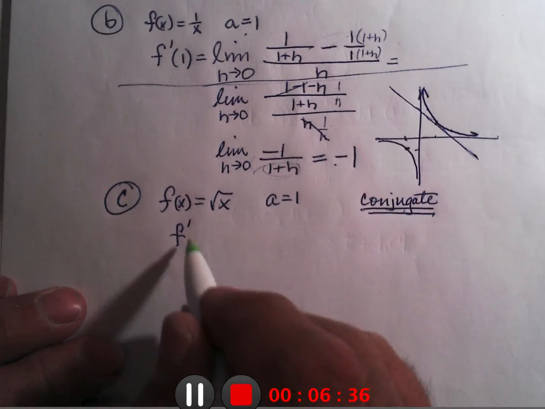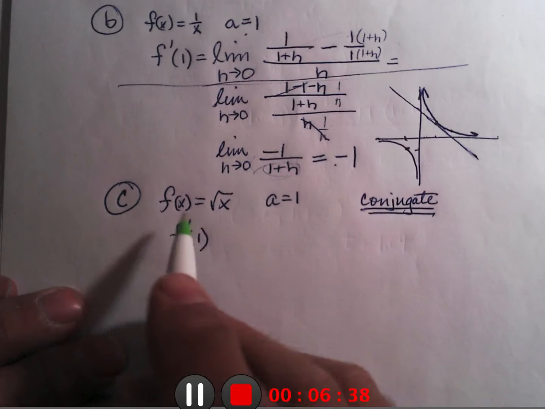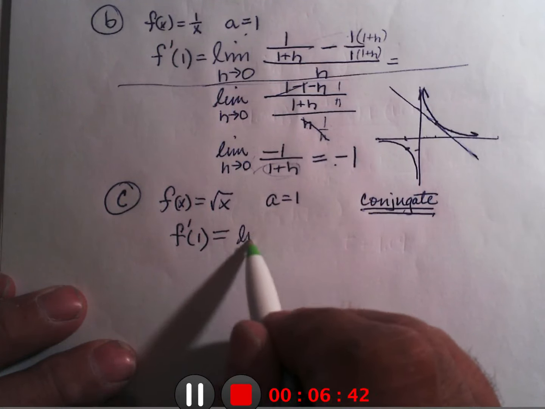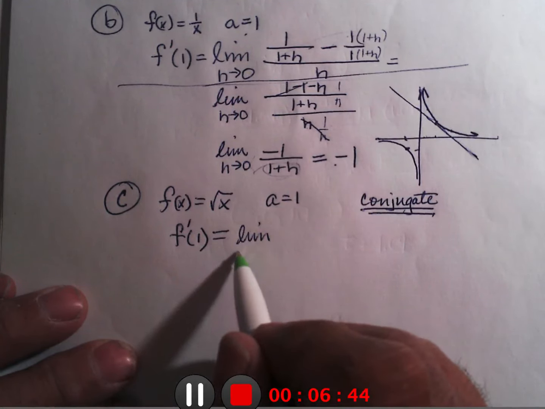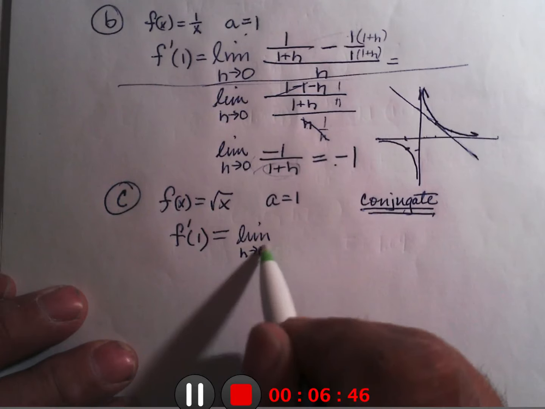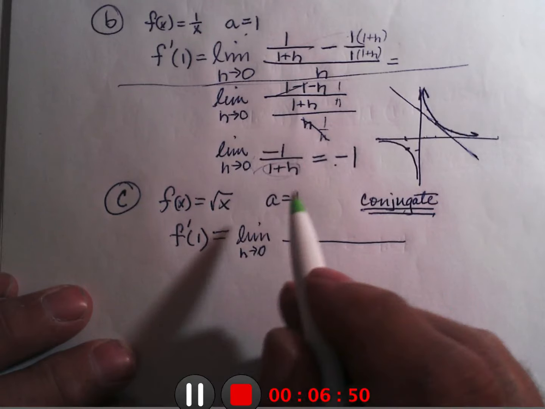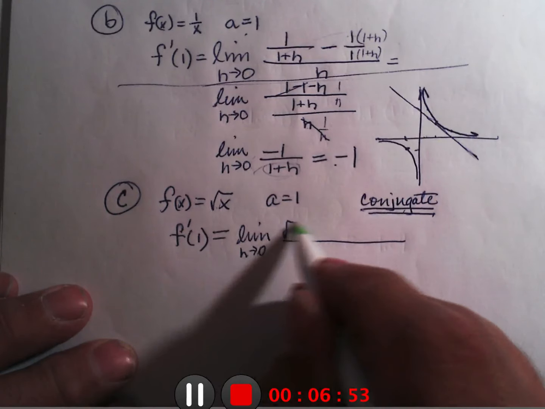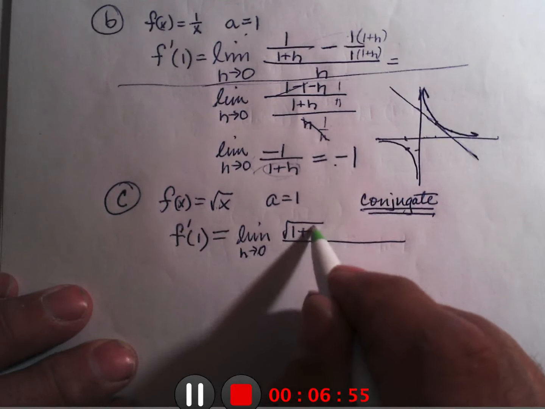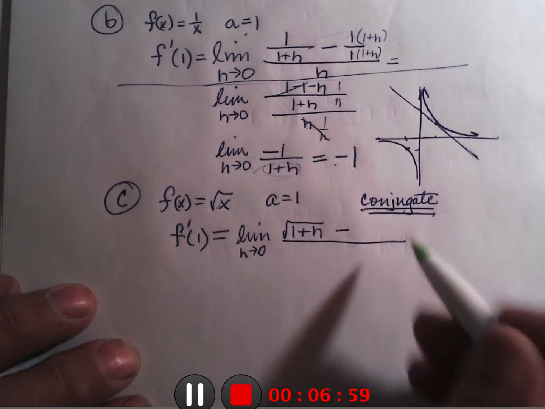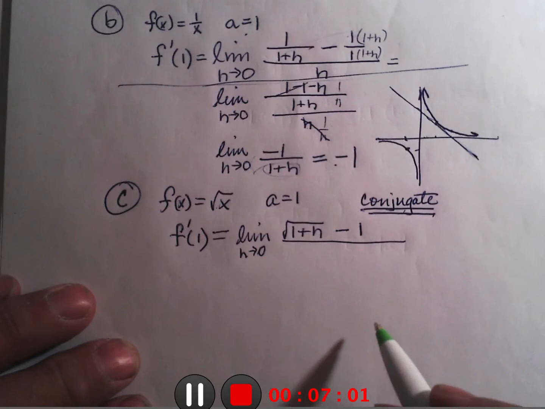The instantaneous slope, the slope of the tangent line at 1. It's the limit as h approaches 0 of f of a plus h. So that would be the square root of 1 plus h minus the square root of 1, which is 1, over h.